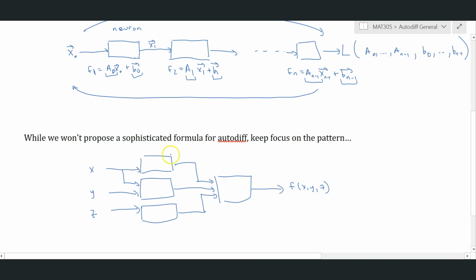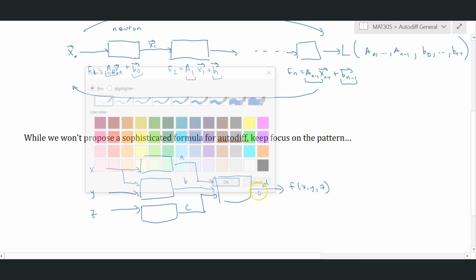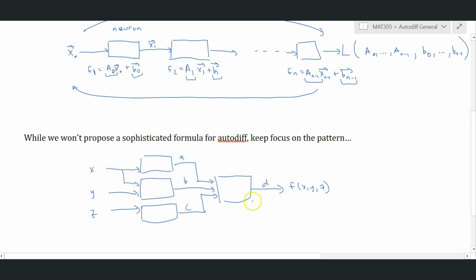As we label each one of these, let's say here we call this A, B, and C, and this over here maybe is D. Then we have to backtrack using backpropagation.